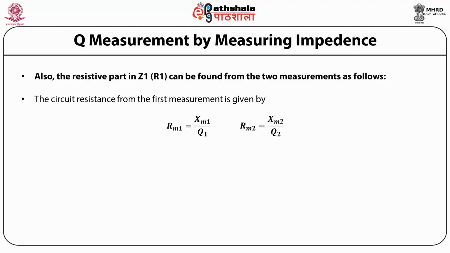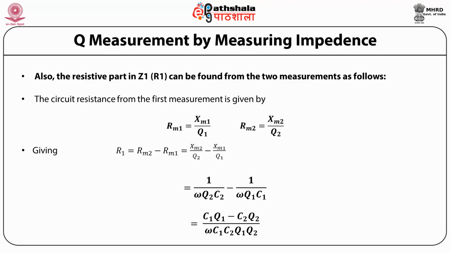The circuit resistance for the first measurement is given by Rm1 is equal to Xm1 by Q1 and Rm2 is equal to Xm2 by Q2, giving us R1 is equal to Rm2 minus Rm1, which can be written as Xm2 by Q2 minus Xm1 by Q1.